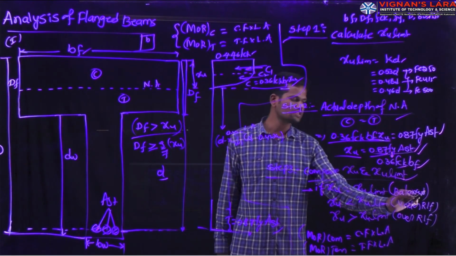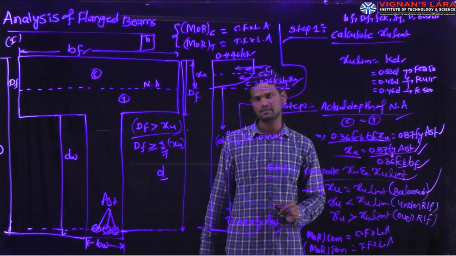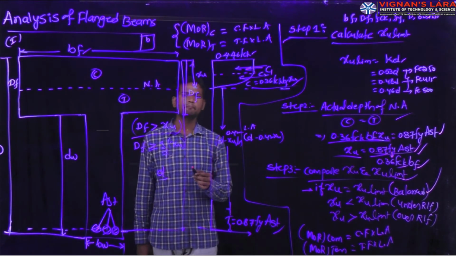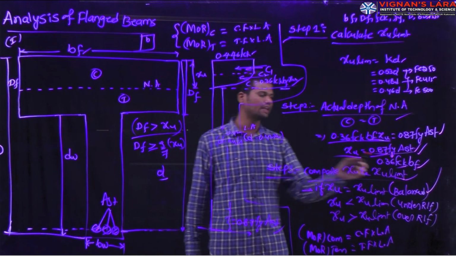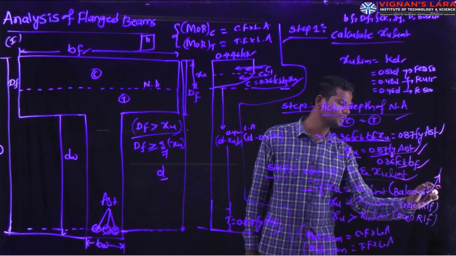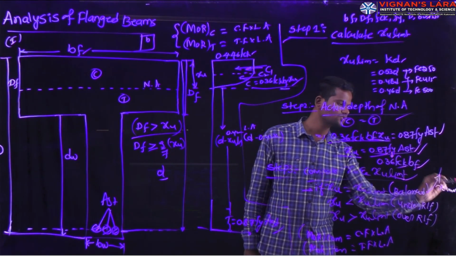The actual depth we calculate using total compressive force equals total tensile force, whereas the limiting depth we calculate based on the grade of steel used for the particular concrete member. If Xu is equal to Xu limit, that means the actual depth of the neutral axis equals the limiting depth of the neutral axis, and in that condition we call it a balanced section. For designing a balanced section we should take the Xu max value.